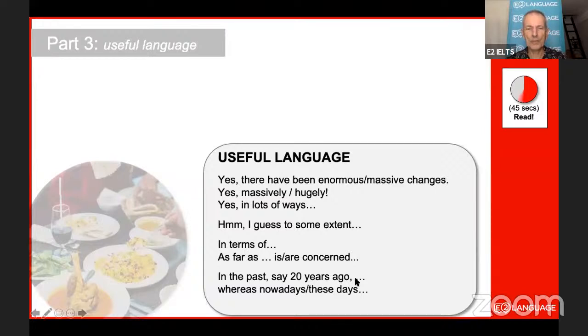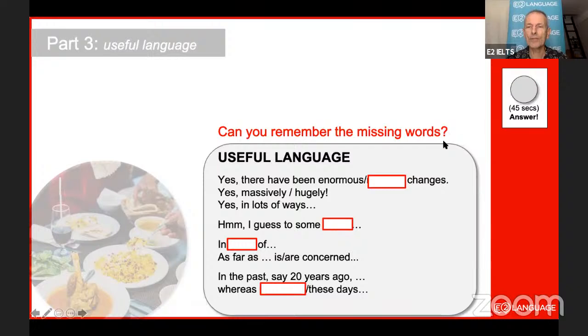And I like this last one. In the past, say, 10 years ago, 5 years ago, when I was a kid, all right? Whereas nowadays, these days, okay? So here is the language, all right?